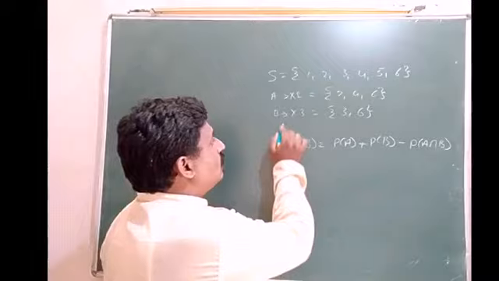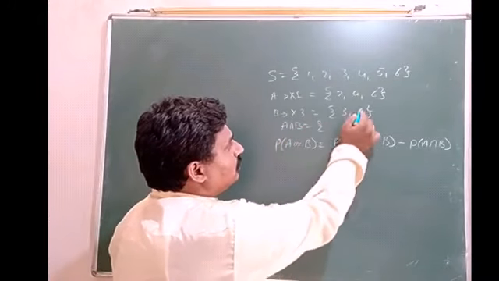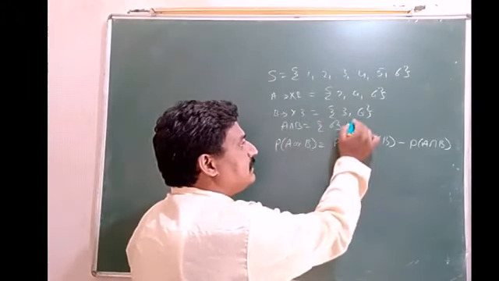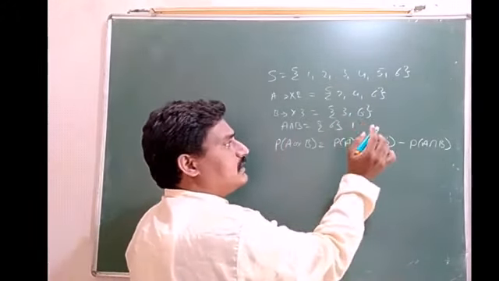A intersection B is equal to 6, the common element between both, so only one case. Here there are 3 cases in A and 2 in B. So the probability of getting a multiple of 2 or 3 is P of A, 3 by 6, plus P of B, 2 by 6, minus A intersection B, 1 by 6. That is 3 plus 2 is 5, 5 minus 1 is 4 by 6.